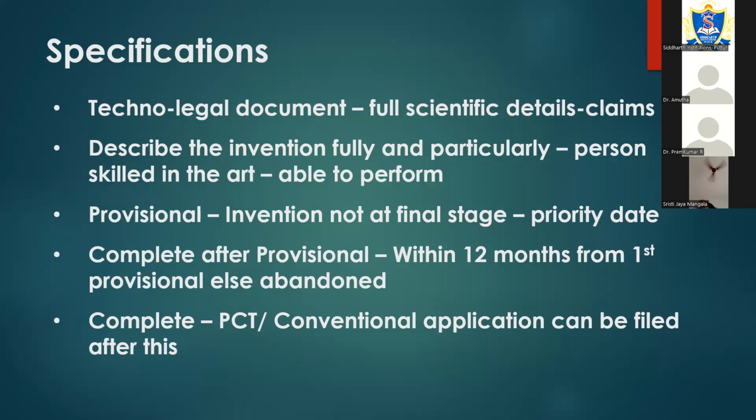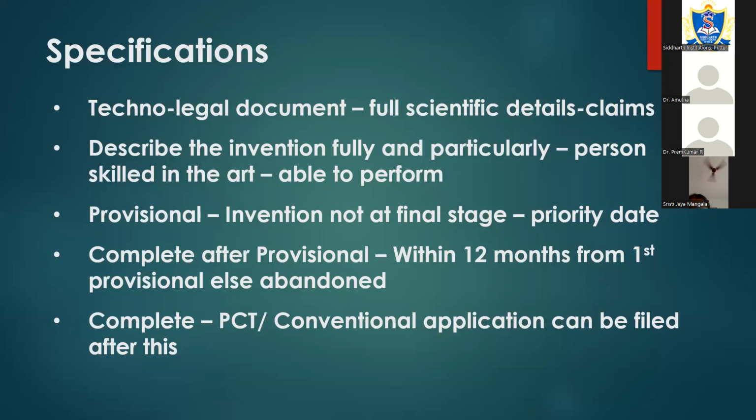After filing the provisional, you can go with the complete. We call that the complete after provisional specification. This complete after provisional needs to be submitted within 12 months from the first provisional.